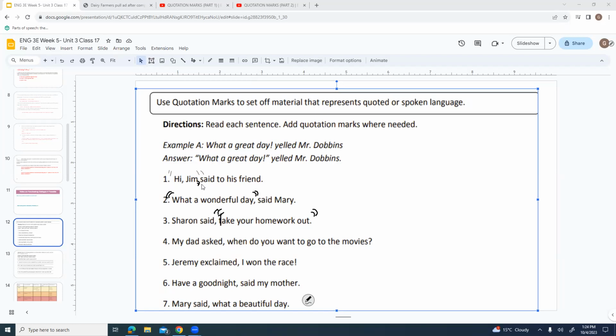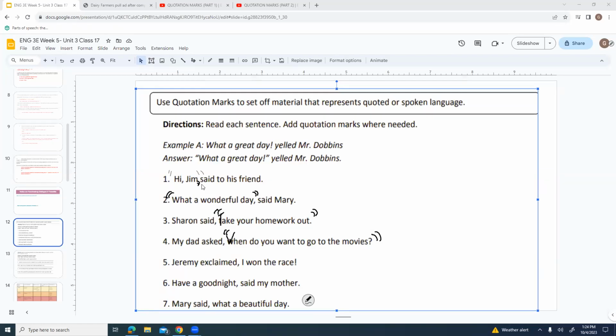My dad asked, "when do you want to go to the movies?" So the dad's talking, we've got the comma, and then "when do you want to go to the movies" is the quotations. So it starts at the when, it ends after the question mark, and then we're going to turn the W into a big W there.